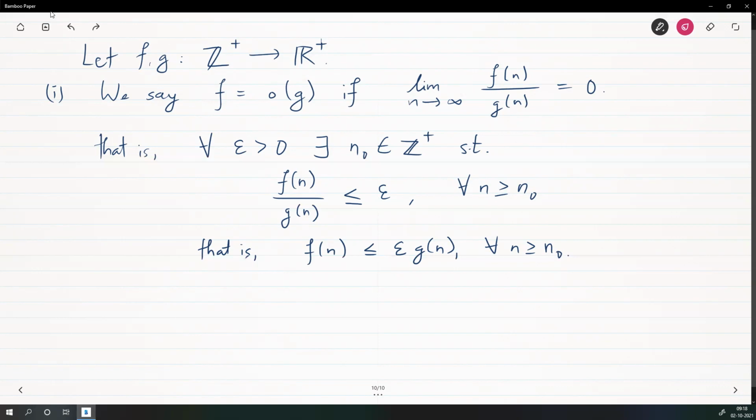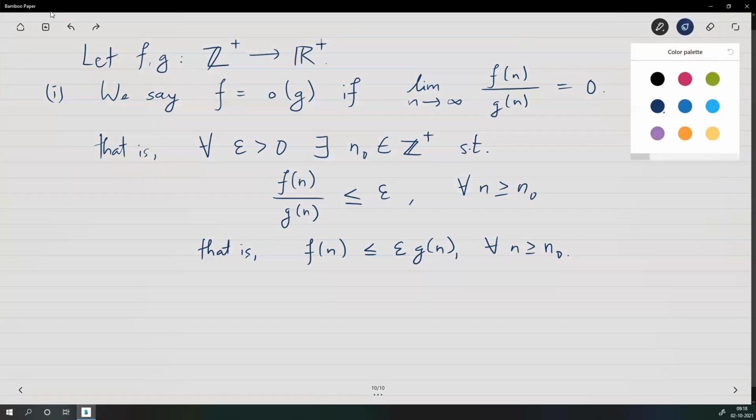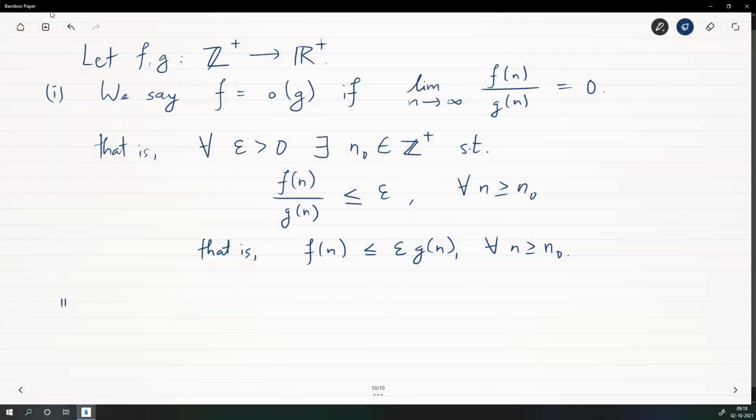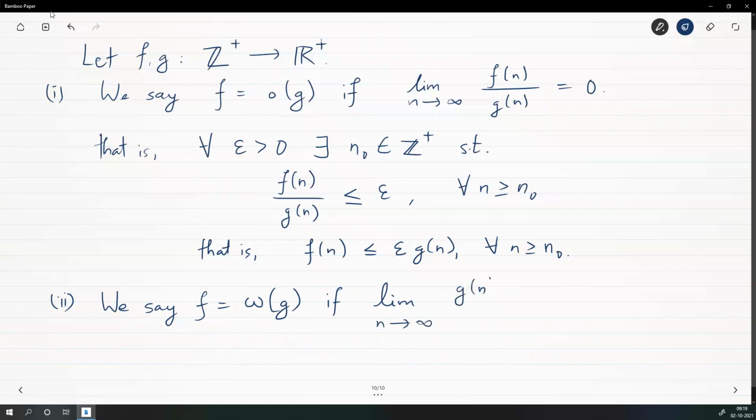So the definition is that we say f is little omega of g, this is how the notation is, if the limit as n tends to infinity of g of n by f of n is 0. You can again rewrite this.